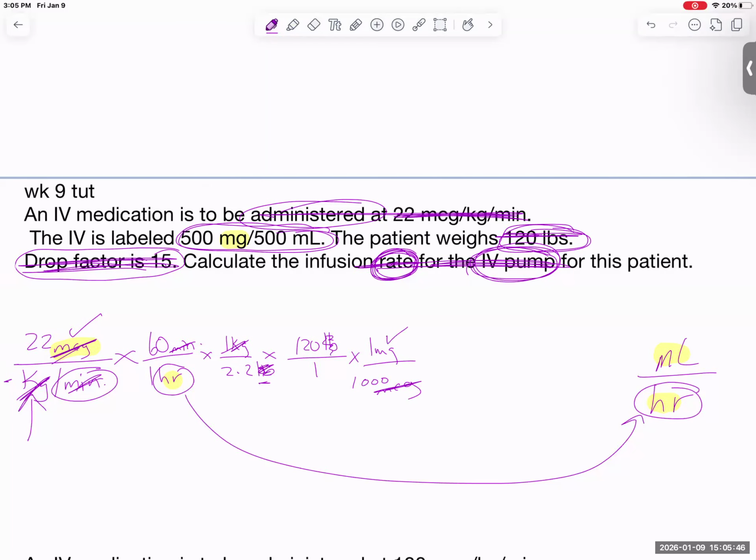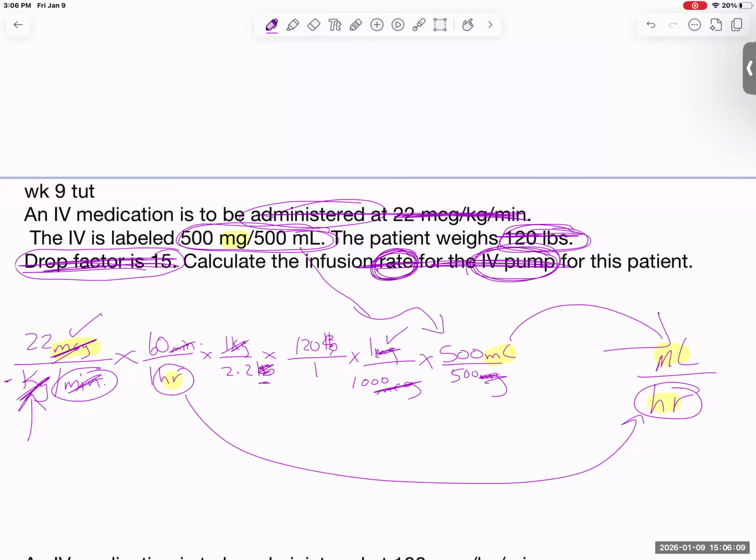Now how do I get rid of the milligram and get to milliliters? I'm going to use that concentration: 500 milligrams in 500 milliliters. Cross off my milligrams, and guess what? I'm done.